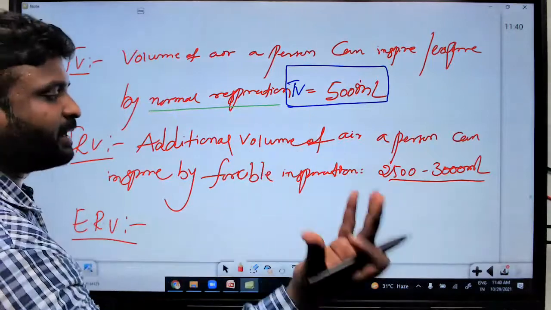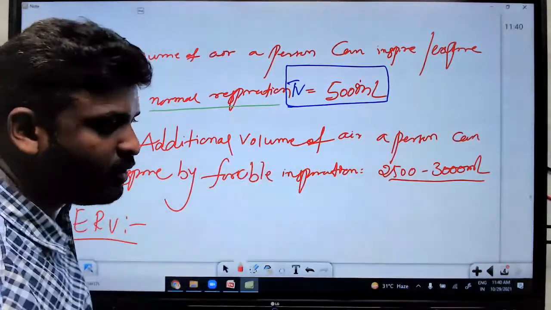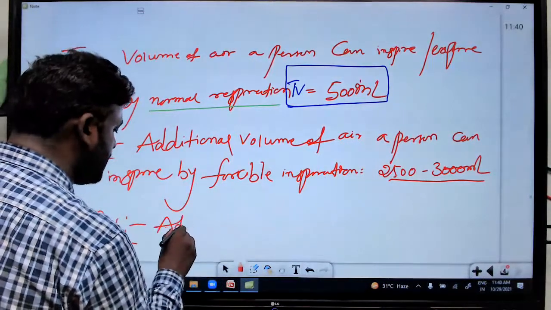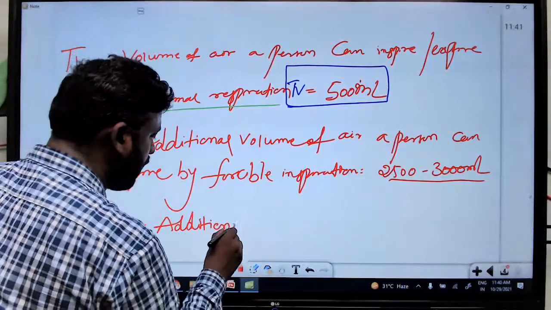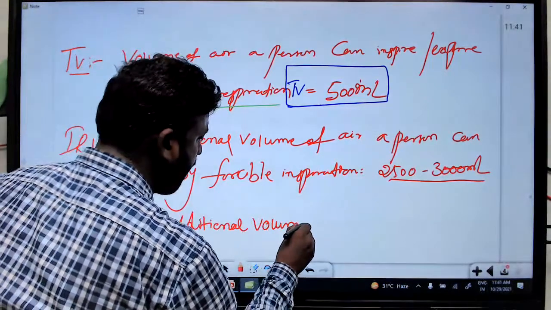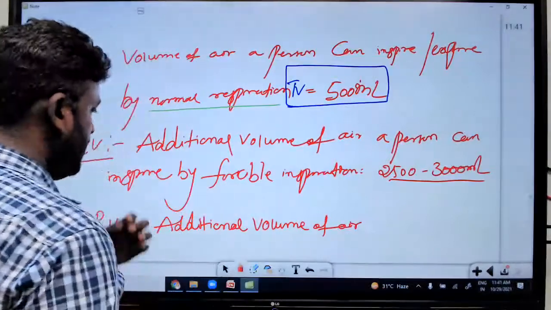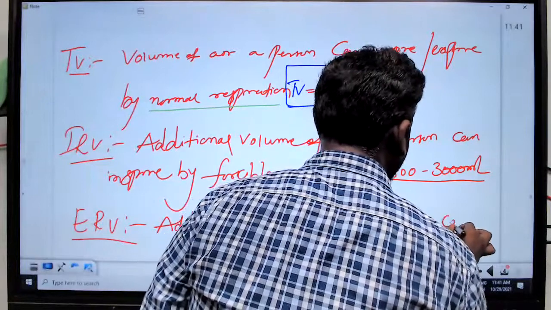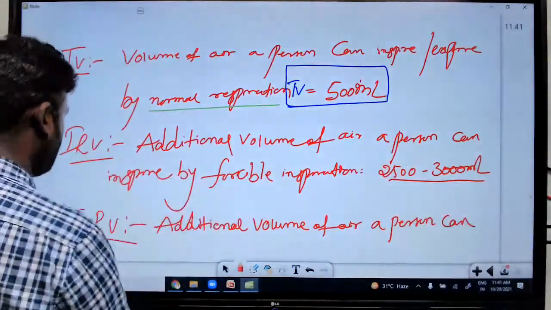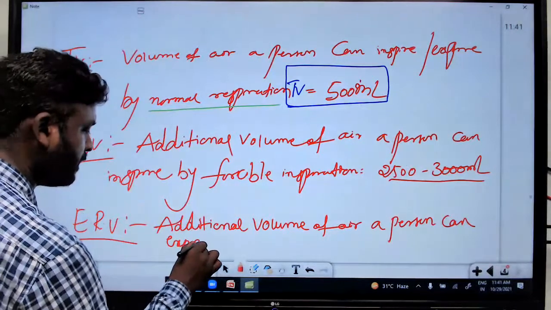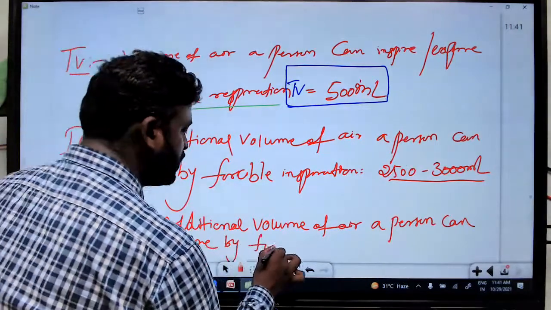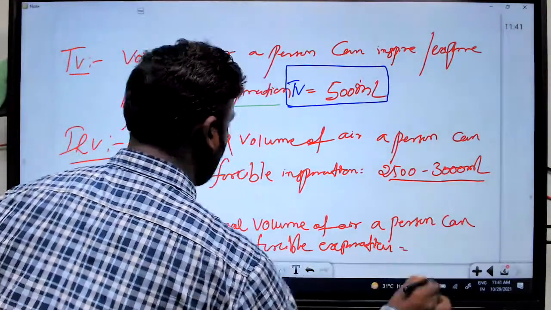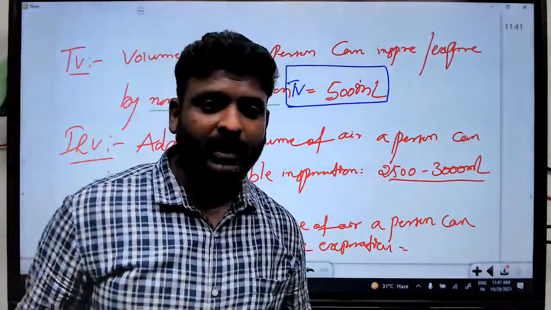I'm writing here: additional volume of air a person can expire by forcible expiration is called expiratory reserve volume.